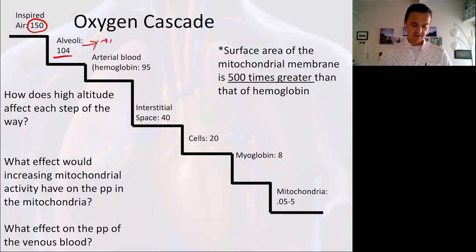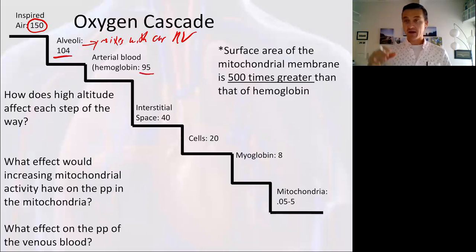That's because it mixes with our residual volume, right? Remember that residual volume, that's the air we can't get out. That air isn't fully saturated with oxygen, so the air that comes in has to mix with that, and that dilutes the oxygen in the air a little bit, okay? Now we need to get that oxygen out of the alveoli into our blood, to load it up onto our hemoglobin in our arterial blood. And so then we drop down to 95. Okay, so there's a little bit of a step there, so that's good.